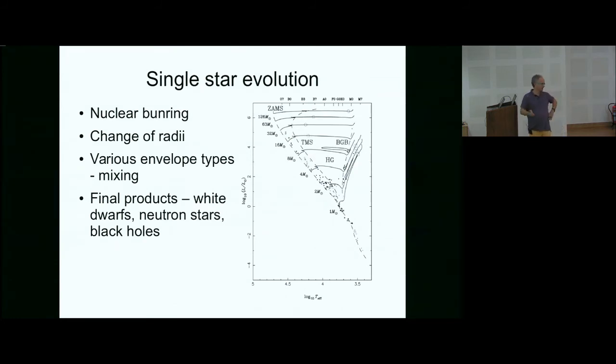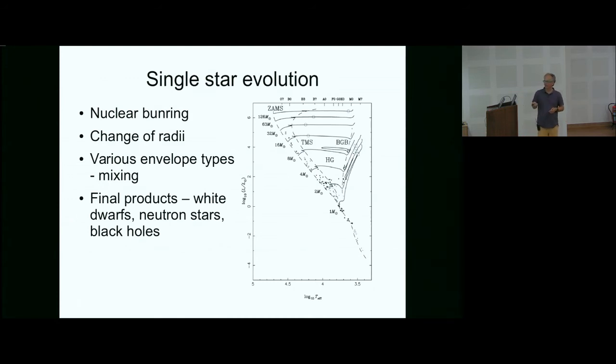And if they increase, that means that if you start with a binary system and the radii increase, then one of the stars will sooner or later be able to fill its Roche lobe, and I'll talk about the Roche lobes later, and start transferring mass, if the orbit is not too large.